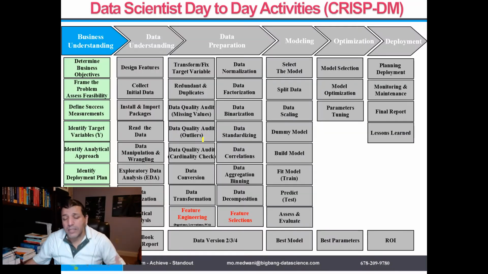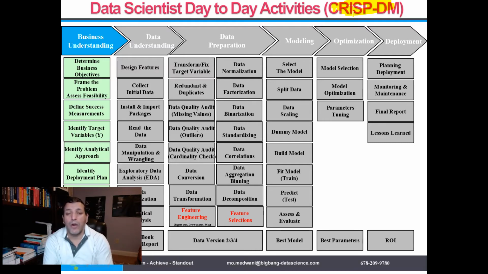One of the best well-known, famous methodologies is called CRISP-DM. CRISP-DM stands for cross-industry standard process for data mining. It's simply a methodology, a strategy, for dealing with data analysis from beginning to end.